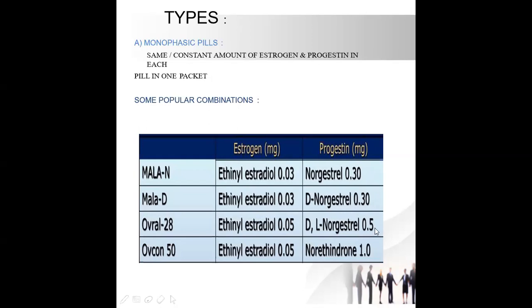Then we look into Ovcon 50. Ethinyl estradiol is 0.05 milligrams. Norethindrone is 1 milligram. So here the combination is the same, estrogen and progestin, but a slight variation in the combination is available as Mala N, Mala D, Ovral 28, and Ovcon 50.